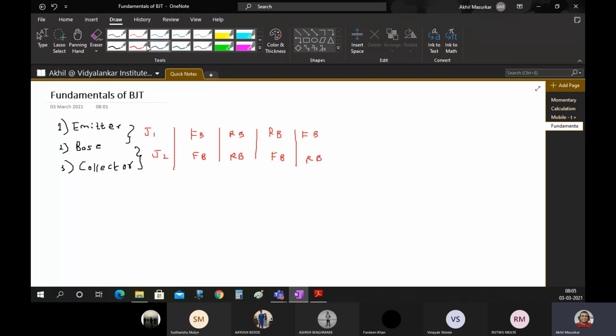So we saw that last time in our discussion that this is called saturation mode. Both are reverse bias means cutoff, and this is called reverse active, and this is called forward active.